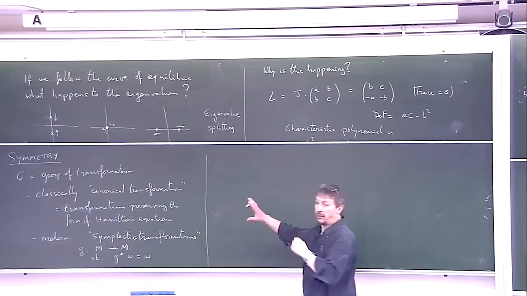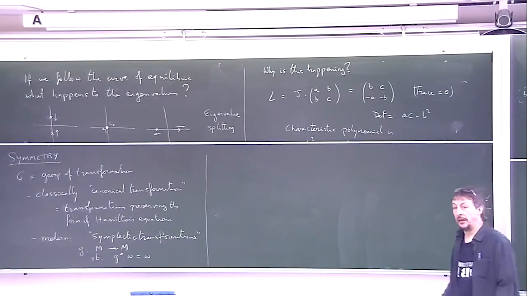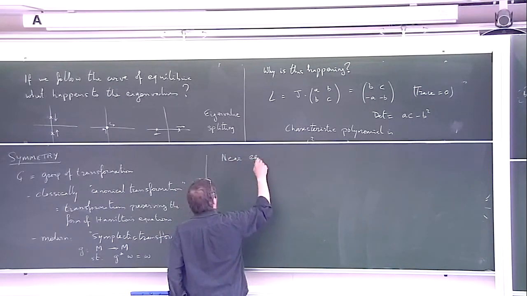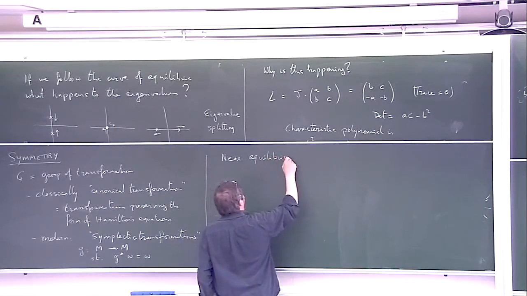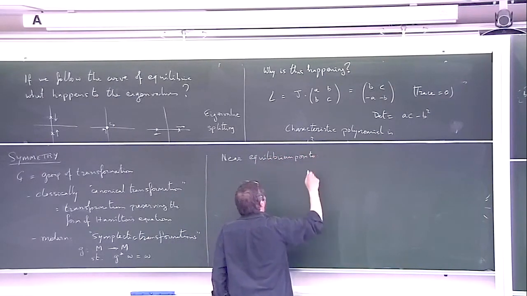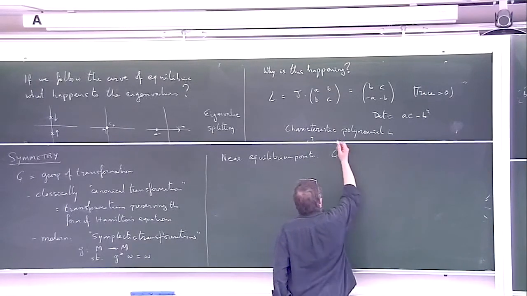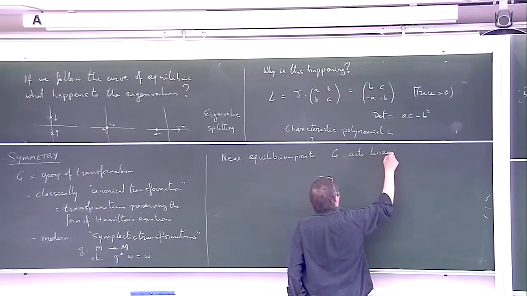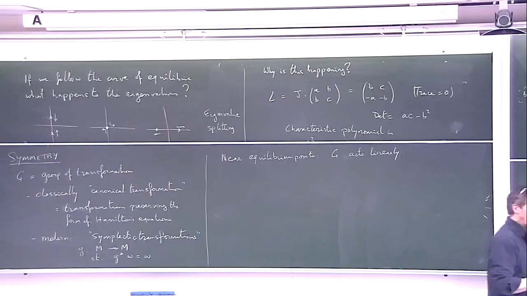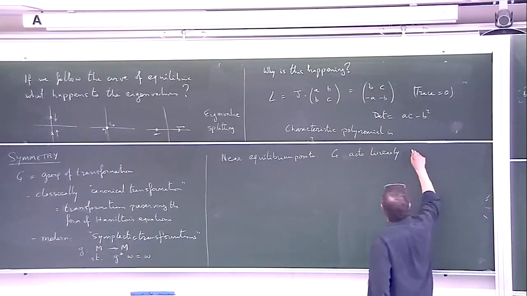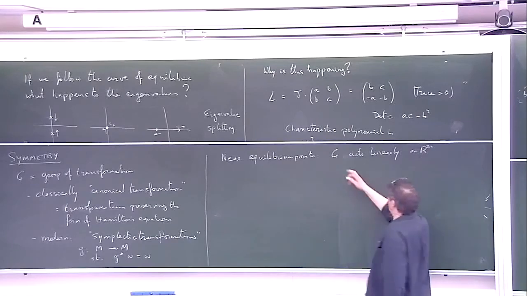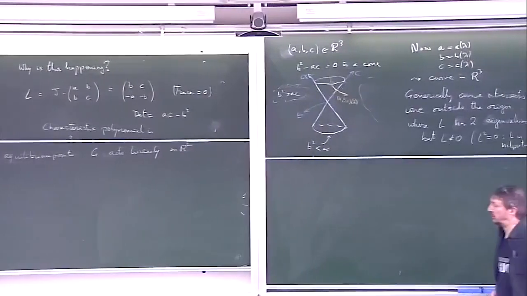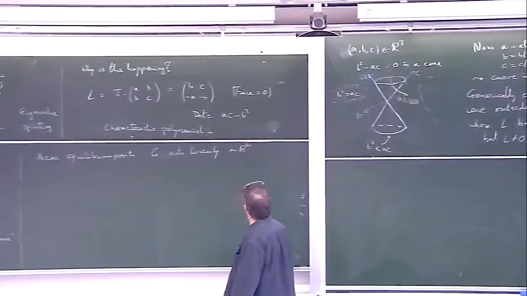So I'm not going to talk about anything global for the moment. I'm just going to talk about local, again, near equilibrium points. G acts linearly on, so that means that each element of the group, so the group might be finite or not finite, group of rotations in Rn, for example, or something like that.